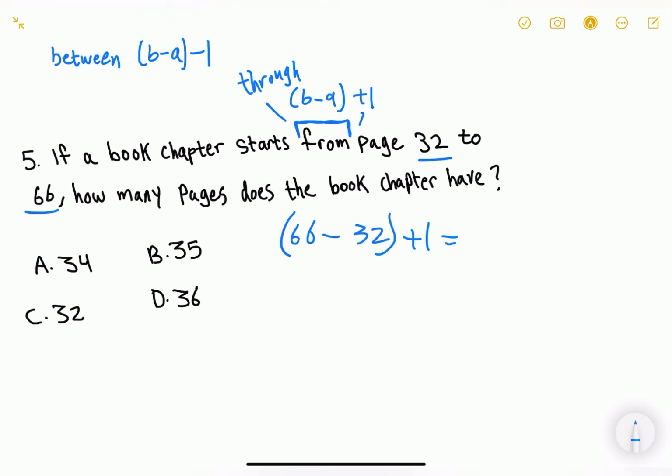Let's solve this problem now. 66 minus 32 is 34. And you have to add 1, so your answer is going to be 35. This is just how you solve it. And the answer is B.